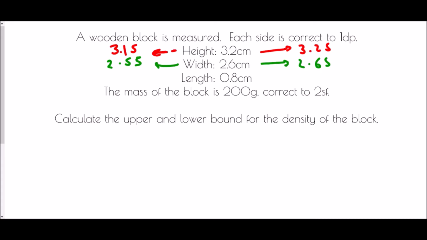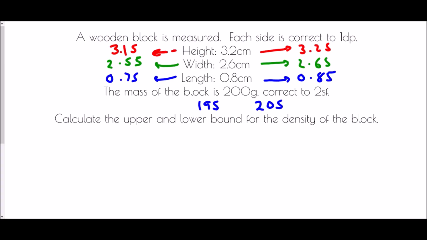And the length would be at least 0.75 and at most 0.85. The mass has been rounded to 2 significant figures, and so that actually means it's been rounded at the tens, and so it's at least 195, at most 205. So those are our bounds for the actual values we've measured.